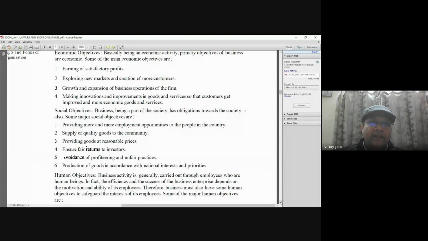So, guys, I think you will agree with this other student also. Although economic objective is there, means they are there to earn profit, if you are not taking your social objective to be fulfilled, you are nowhere.